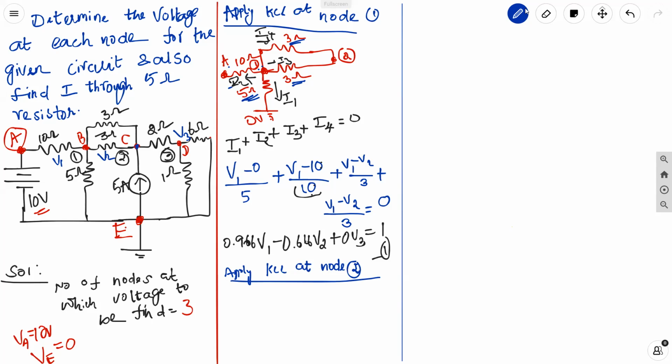Better I draw it here once again. This is the 2 ohm, which is connected to node 3, and then there are two 3 ohm resistors. This is node 2, and both are connected to node 1 only. And here there is a 5 ampere current source. These are the node 2 components.